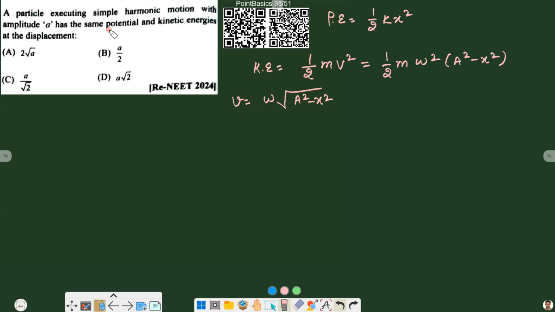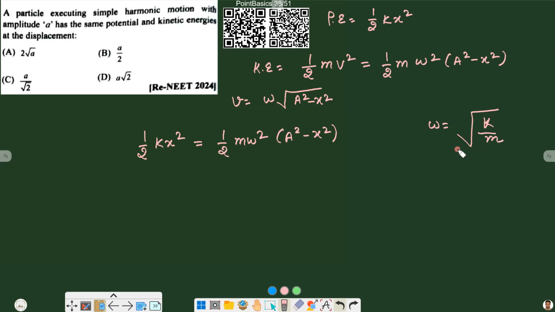As given that both energies are equal, potential energy is equal to kinetic energy, so half k x square is equal to half m omega square into a square minus x square. Now we will substitute k. For a simple harmonic motion, omega is given by under root k by m, so m omega square is equal to k.